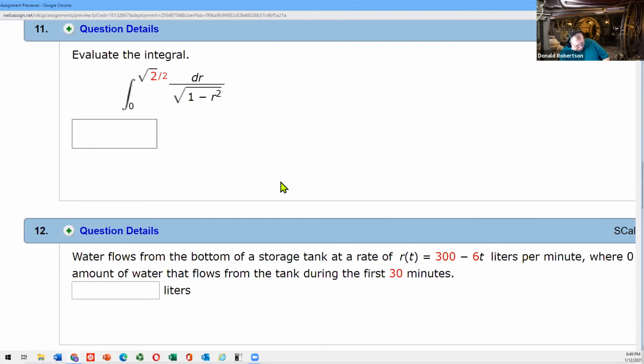That is in my list. Inverse sine? You nailed it.